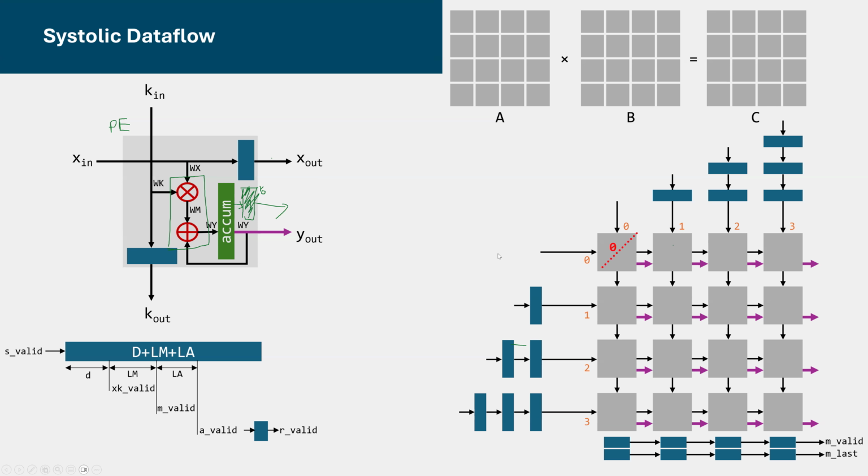This processing element gets the data in the 0th clock cycle, as soon as the data comes in, immediately without any delay. It gets the input x and k, right? And it can do the multiplication. It takes one clock cycle, and after one clock cycle these two elements will get it.